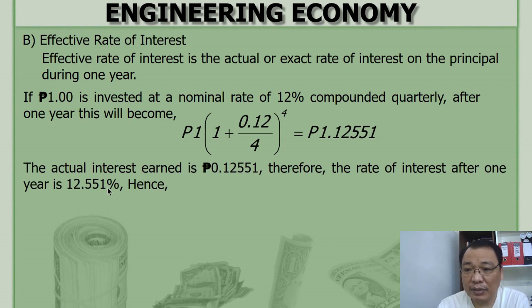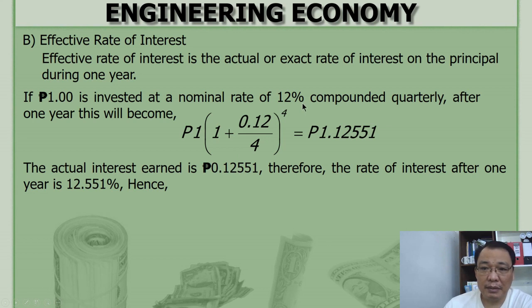Therefore, the rate of interest after 1 year is 12.551%. So it is not 12% but 12.551% in 1 year.